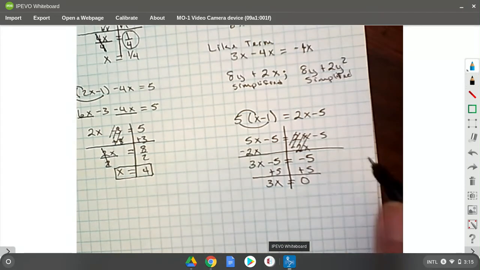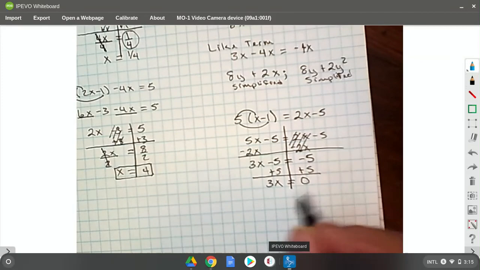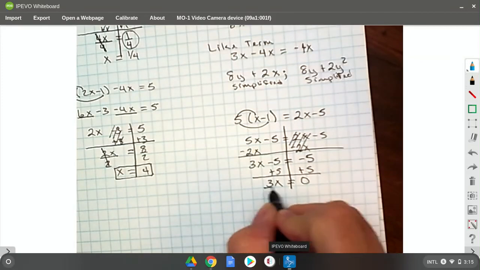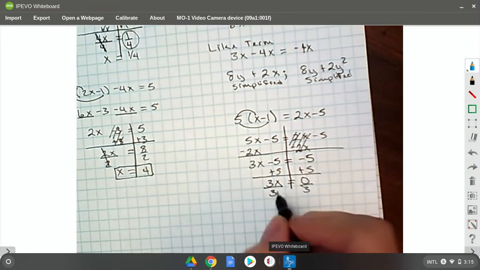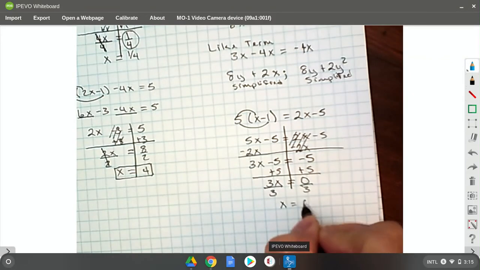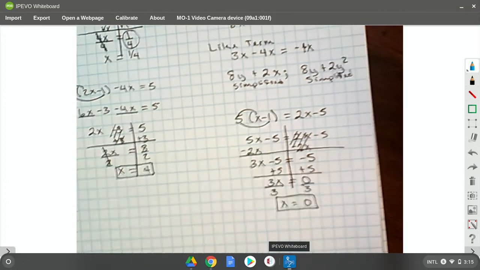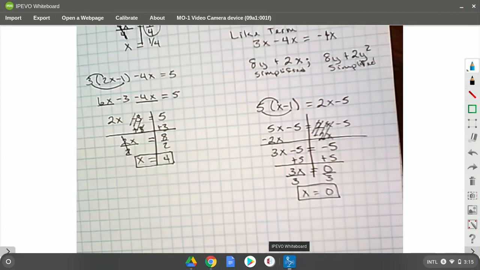But 3 divided into 0, guys, is equal to 0. So we get tripped up on that 0. Don't let that 0 mess you up.